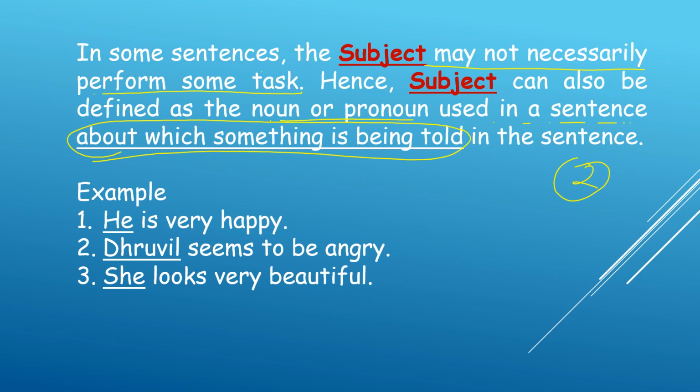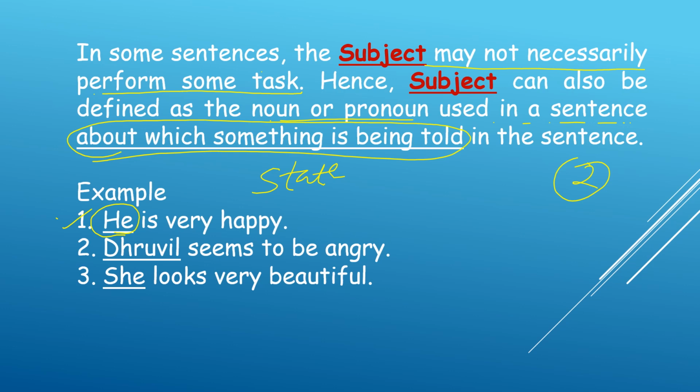Now let us understand with the example. He is very happy. So here he is not doing any action, but it shows the state, that how he is feeling. He is feeling happy. So the second possibility is the subject is also used to show a state or something is being told about the subject.